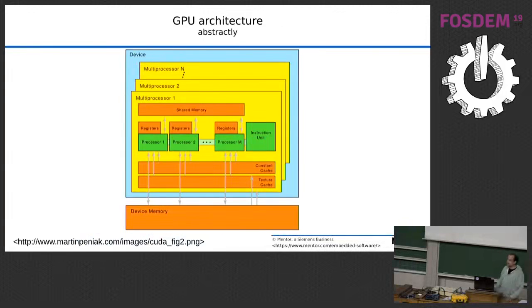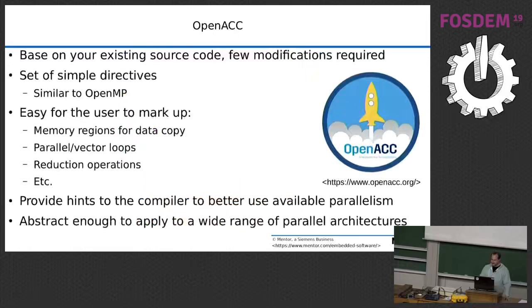More abstractly, the GPUs look like this. You have several multiprocessors. In each of them you have some shared memory, local memory, whatever you call it. Then you have a huge register set and these several processors in there. Then OpenACC, that's an open standard.